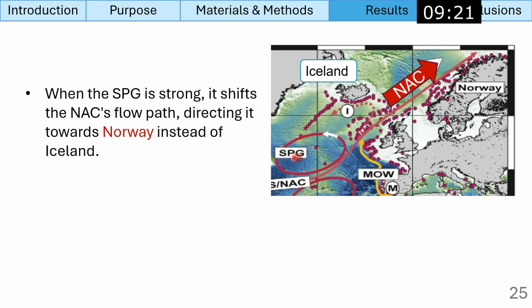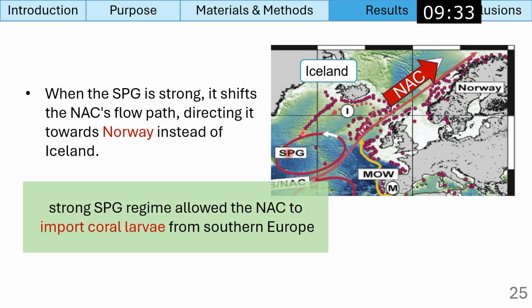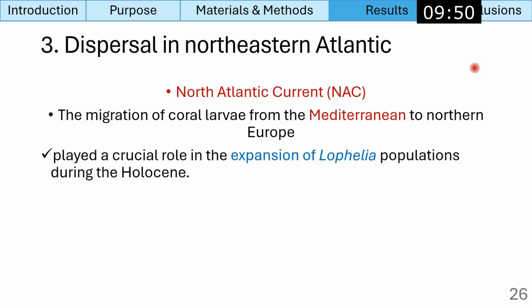And here is the SPG. When the SPG is strong, it could shift the NAC's flow path directly to Norway. So the stronger SPG could allow the NAC to import larvae from Southern Europe, along with the stronger MOW, to Northern Europe.